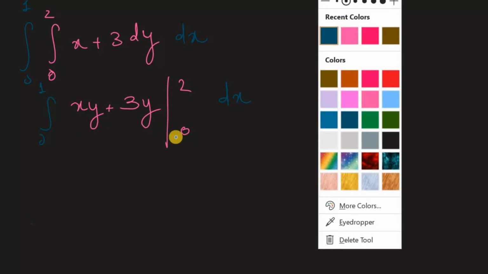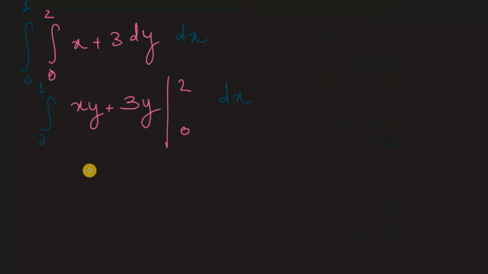Here we're solving for this one. We're going to plug in y equals 2. But why do we put a y over here? Because here we had dy, so these y values are associated with y, not x.